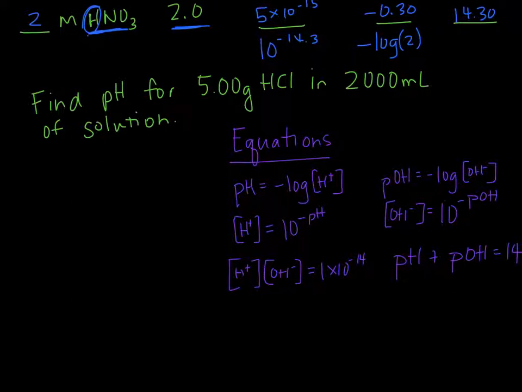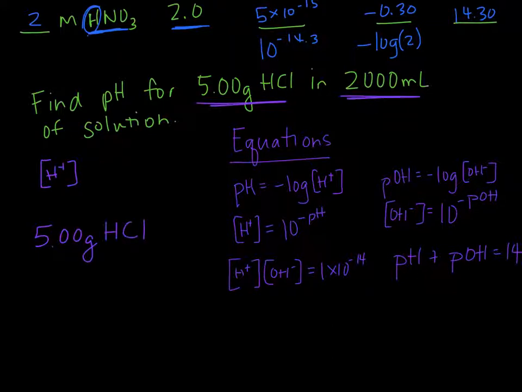And so to find the pH of this, I need the concentration of hydrogen. So in order to find the concentration of hydrogen, I have to figure out what the concentration of HCl is first. So I've got 5 grams of HCl, and I need to turn that into moles so I can get moles per liter. So there's 36.5 grams in 1 mole.